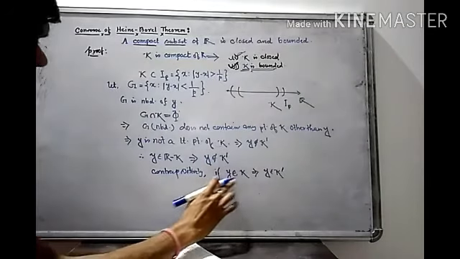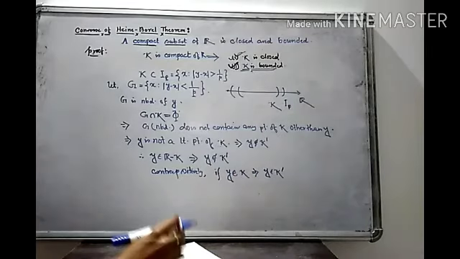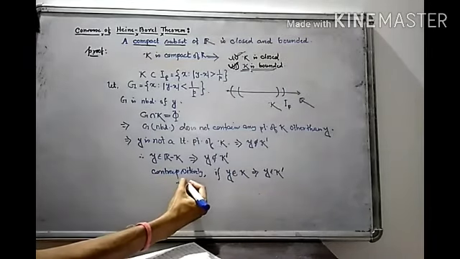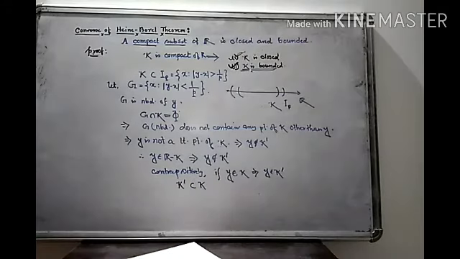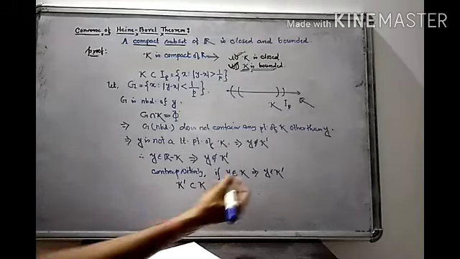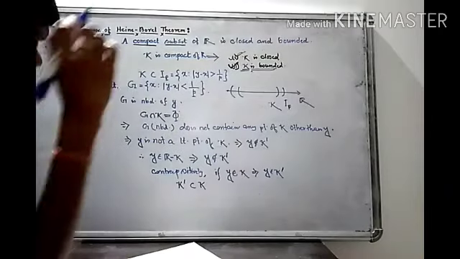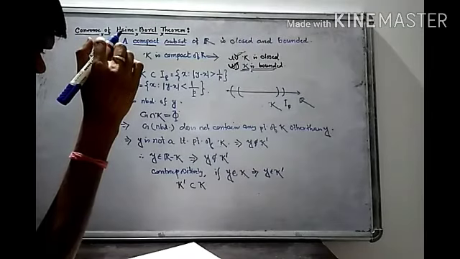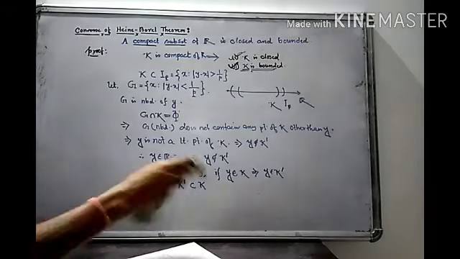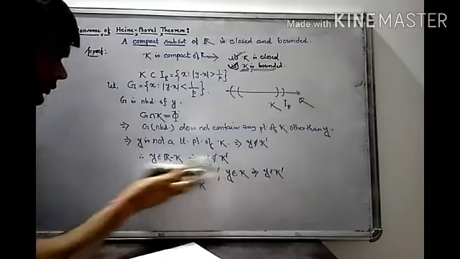Okay, so if y belongs to K, then y belongs to K dash. Now you know K dash is a subset of K. Sorry, I did something wrong here from this part.